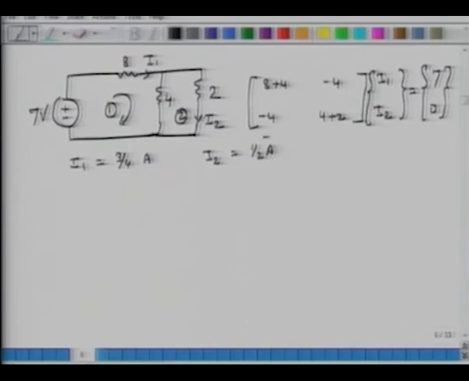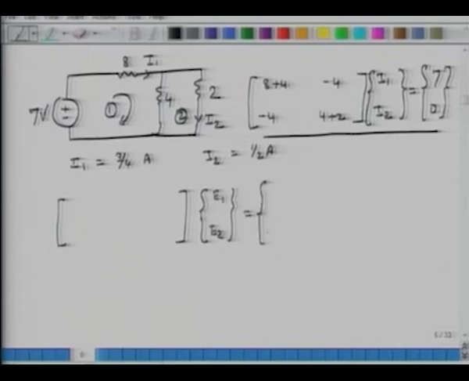Given this, can we construct a dual? My first step will be to write the equation of the dual. So what will go in this vector? V1 and V2, or E1 and E2. What will go on the right side?